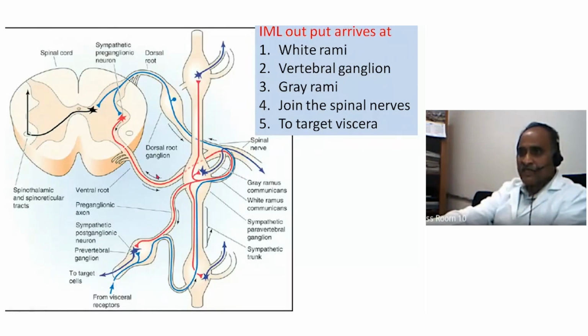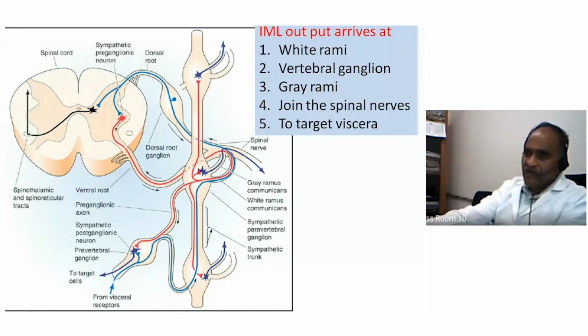It's coming here, and this is the white ramus. It will reach the paravertebral chain, make a synaptic contact, and the postganglionic fibers go through the gray ramus and out.